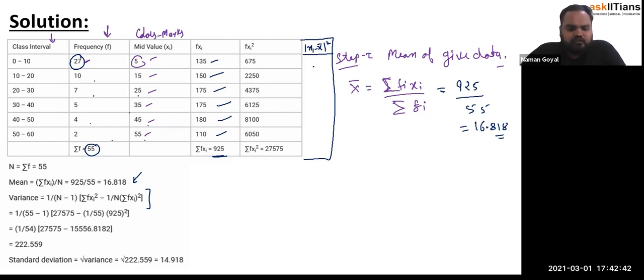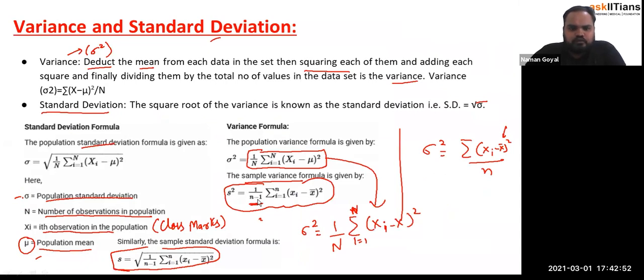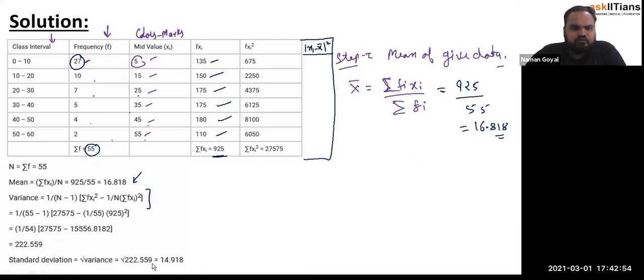Okay, let me show you one thing. Now see, the formula we use here is what?